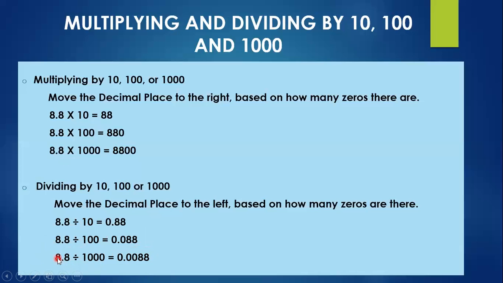There is only one place, so we take two zeros, and you will get 0.0088. Clear?